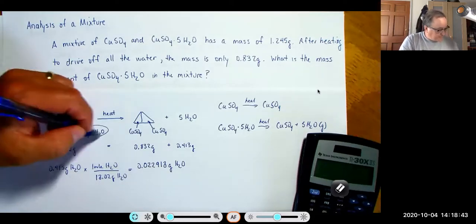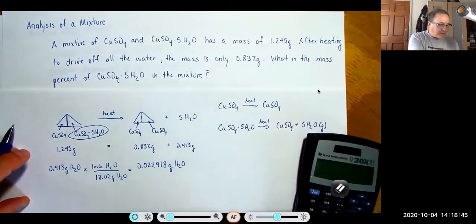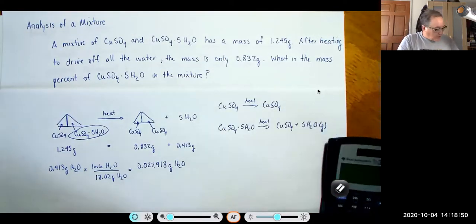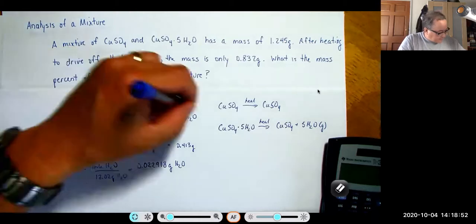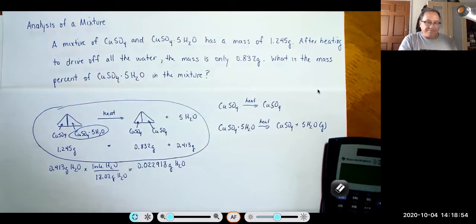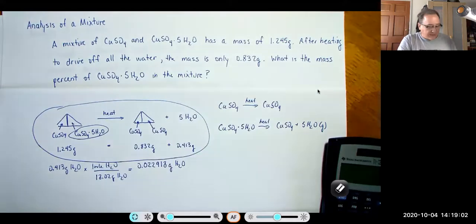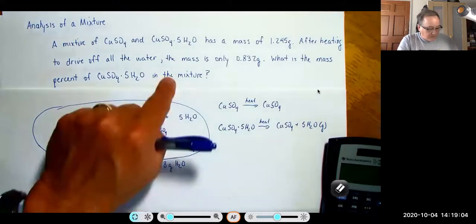Okay, so I'm thinking to myself, how does that help me figure out how much of this was in there? Because really, when they say, what is the mass percent? I kind of started this wrong. I looked at what was happening here, but I forgot. You know what? That's not the question here. Not how many grams of H2O. What is the mass percent of copper 2 sulfate pentahydrate? So what is the formula for that?